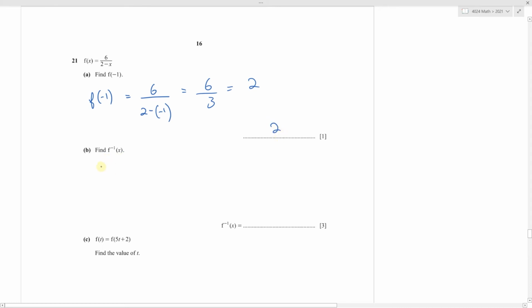Find f inverse of x. F inverse of x, so you're given f of x is this, 6 over 2 minus x.